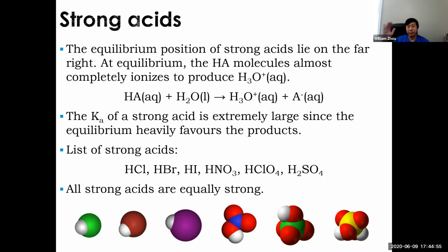On the Ka table, the first 6 are the 6 strong acids, and you can see that on the right side, the Ka says very large. It doesn't really tell you. Below that, you have the weak acids, which do have Ka. So for these 6, just refer to the table.